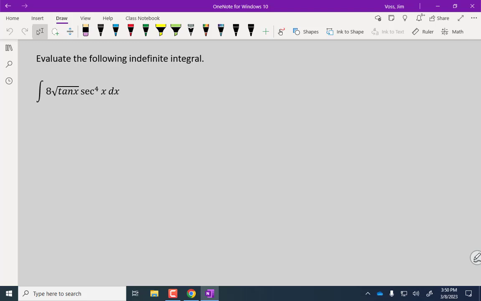So let's do it real quick, or at least set it up. Since it's identical to the last one, maybe we won't go all the way through it. So that would be our next step. We pull two secants off.